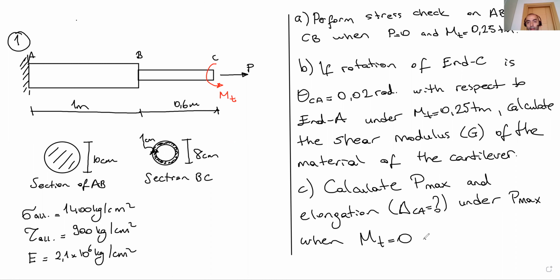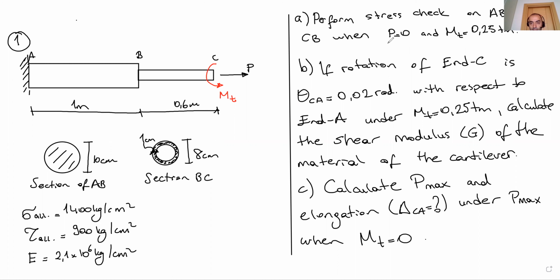Okay, let's have a look at the first one. Perform stress check on AB and CB, when P is 0 and MT is something.